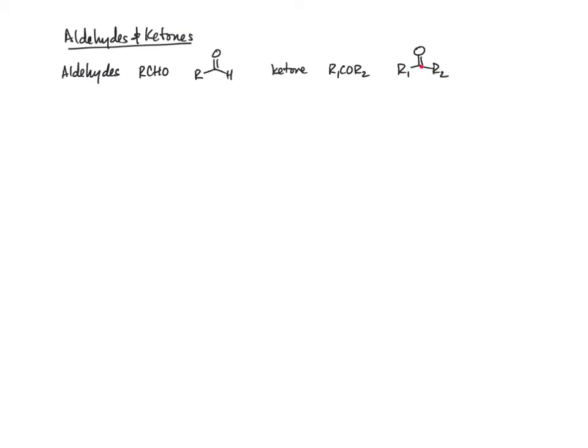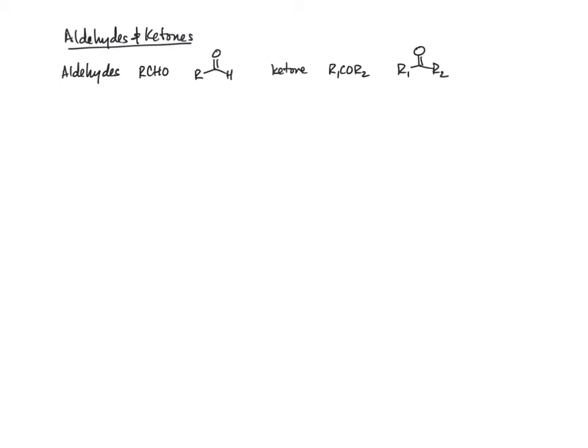So here's our carbonyl. We have R1 and R2. Those both have to be carbon so that we actually have a ketone. So the difference between an aldehyde and a ketone is the aldehyde has the H directly bonded to the carbonyl. The ketone has two carbon groups.